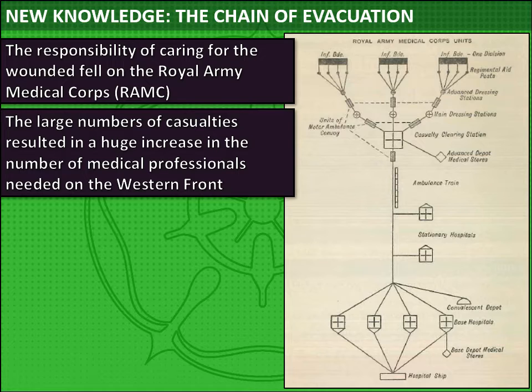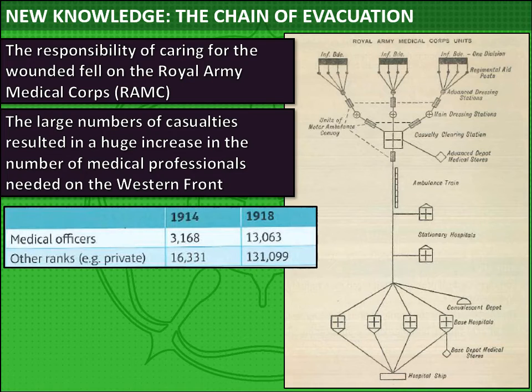You know this because, for example, on the first day of the Somme, 57,000 casualties were caused. Huge numbers. Therefore, as this table shows, the number of medical officers and other officers in the RAMC increases rapidly throughout the war. In fact, by 1918, over half of Britain's doctors are posted on the Western Front.